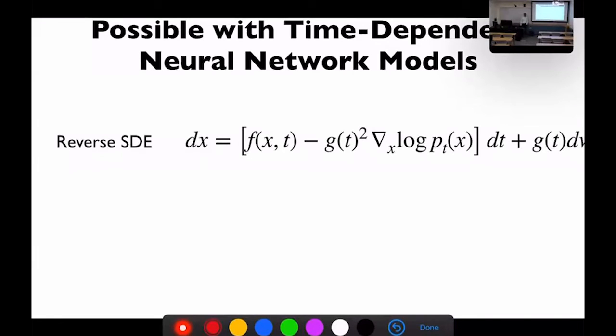So why do we need time-dependent models? There was a famous result, in the 1970s, that said that if there's a forward way to run stochastic differential equations, like I just showed you a few slides ago, then you can reverse the process by this particular stochastic differential equation.